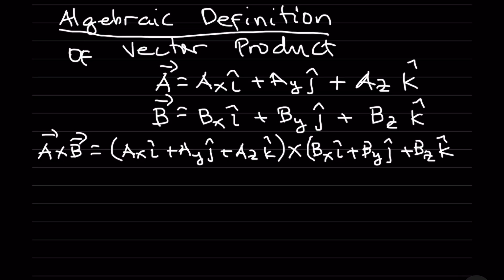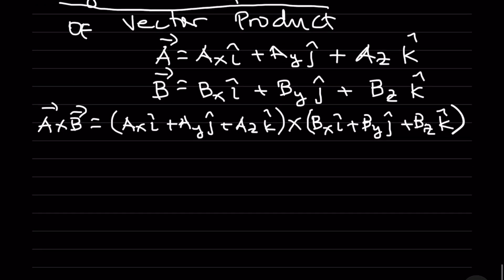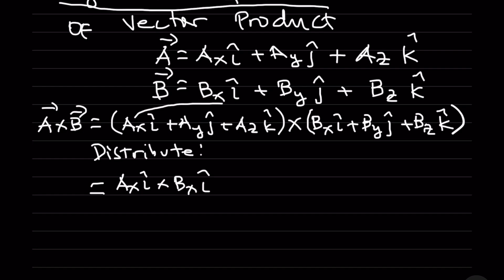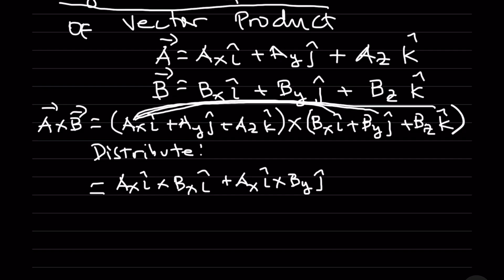Just like what we did for the case of the dot product, we simply distribute each term to the other term. In algebra, you call this the smile method. So you have a_x i hat cross b_x i hat plus a_x i hat cross b_y j hat and so on.